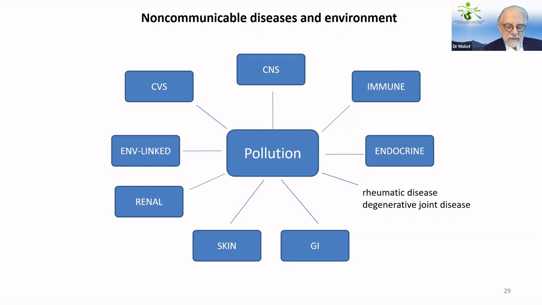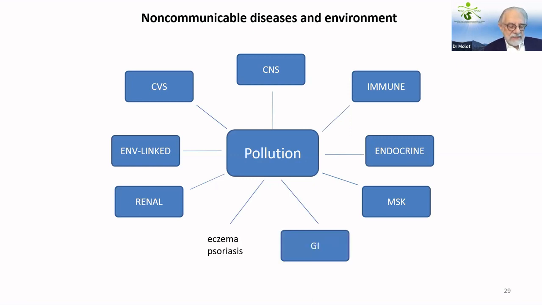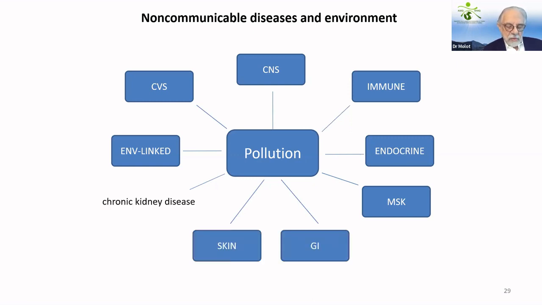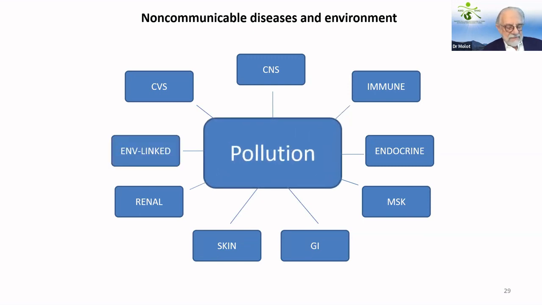We're more likely to develop rheumatic diseases, degenerative joint diseases, gastrointestinal conditions such as non-alcoholic fatty liver disease, inflammatory bowel disease, skin eruptions like eczema and psoriasis, chronic kidney disease, and environmentally linked conditions such as myalgic encephalomyelitis chronic fatigue syndrome and multiple chemical sensitivities. There is evidence that all these conditions have links to pollution exposures.